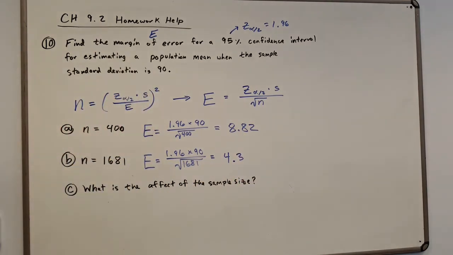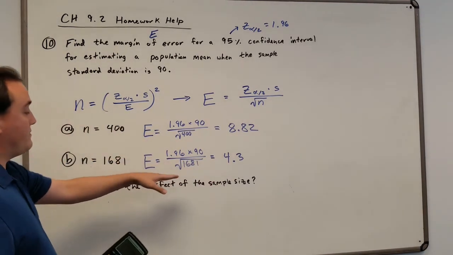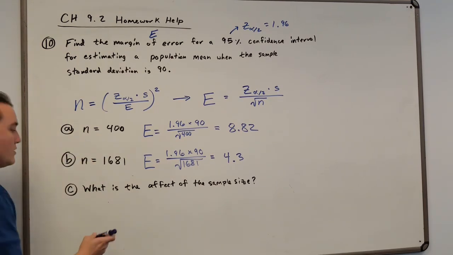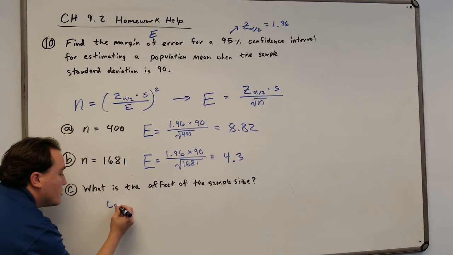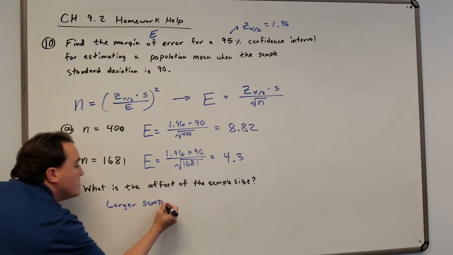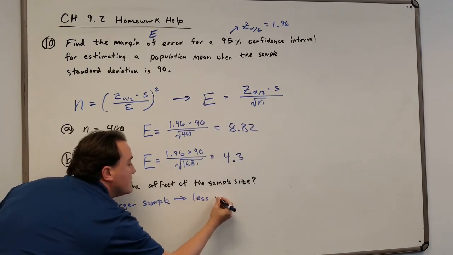Okay, so there it is. Our error decreased by more than half with that larger sample size. And this is 4 times the sample size. So larger sample means less error.